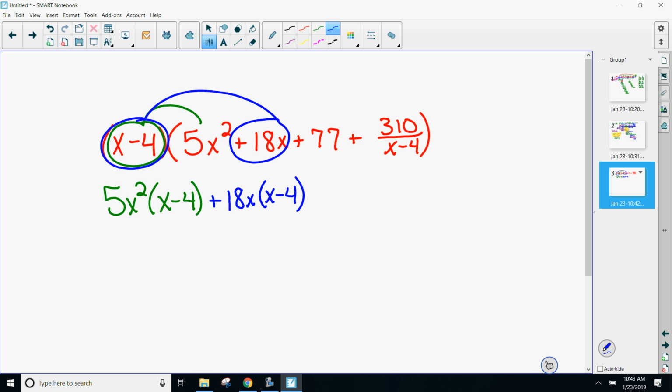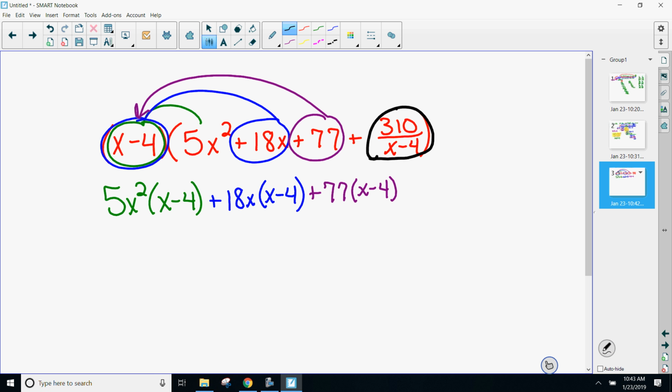And then I'm going to have to take my 77 times this value. And then I'm going to take this times that value. So I'm going to have 310 over x minus 4, and I'm going to multiply by x minus 4.